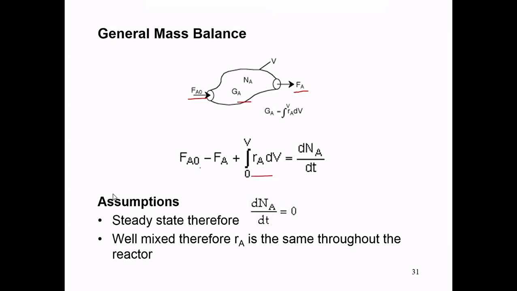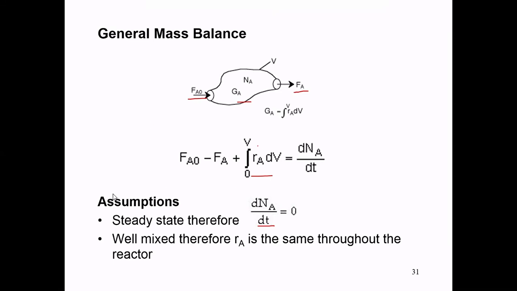And we know that continuous reactors are at steady state. Therefore, dNA over dt is equal to 0, because we don't consider time since they are in steady state. So, well mixed, therefore the reaction rate is the same throughout the reactor.